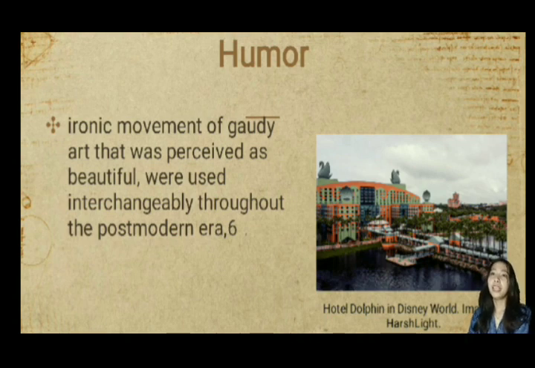Okay, so an ironic movement of Gaudi art that was perceived as beautiful were used interchangeably throughout the modern era. So here na ay example, kaning Hotel Dolphin in Disney World. So okay, humor is a particular feature of postmodern buildings. So in here buildings do have some humor, just like ating photo na example diri, kaning Disney World Resort or Hotel Dolphin.